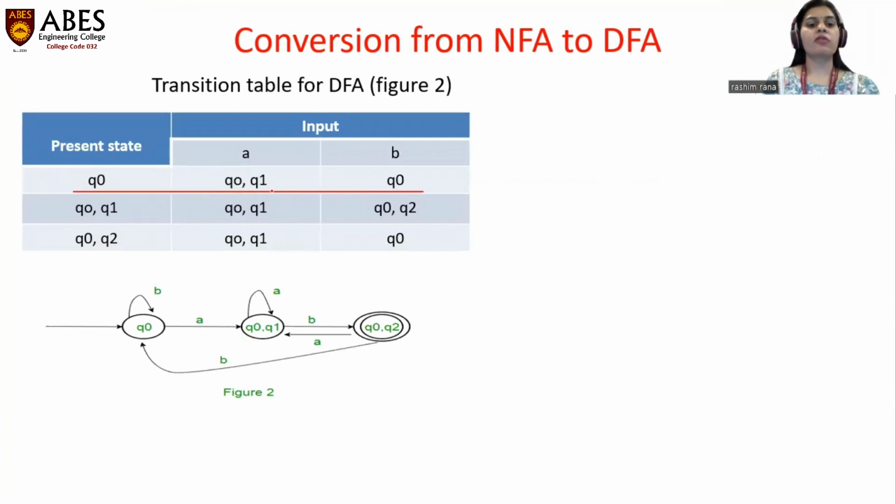Now find out the new state in this line. This is our new state. So take that state and apply input A and B on that state.